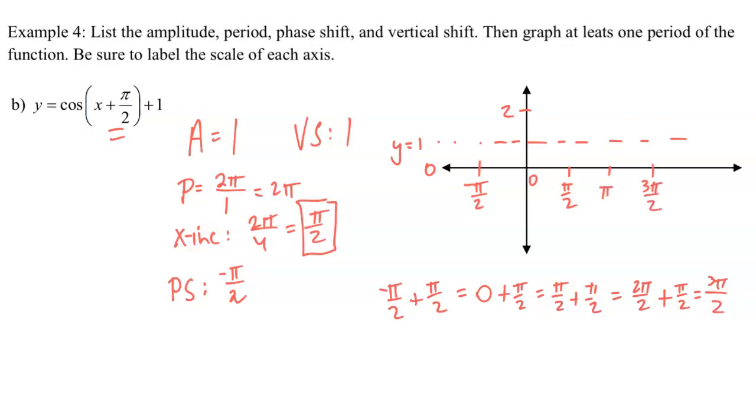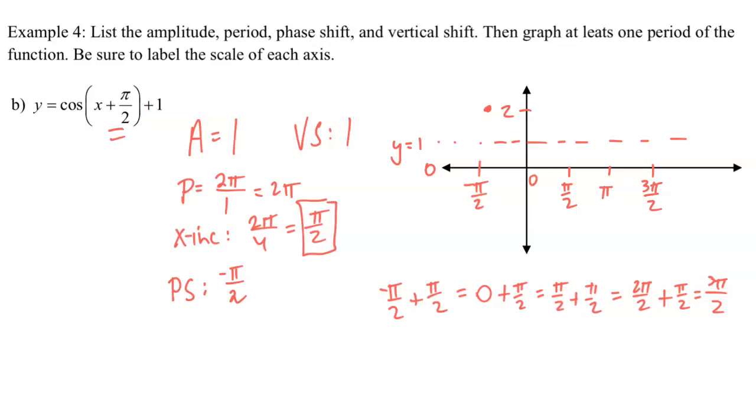Okay, so we are now ready to graph a cosine function. Cosine functions begin with maximums. So here at negative pi over 2, that's my first x value, I'm going to plot a point where there should be a maximum, and so that's going to be up at 2. My next x value is here at 0.